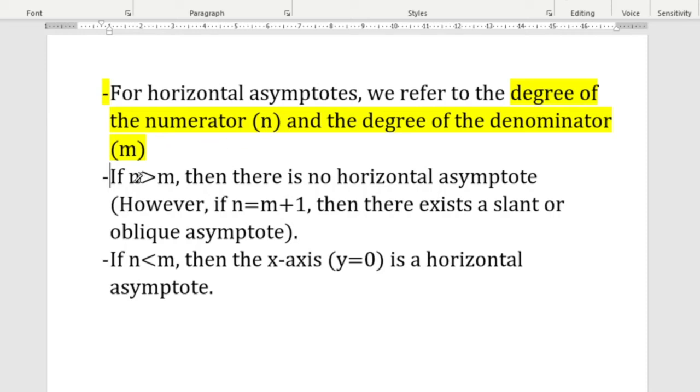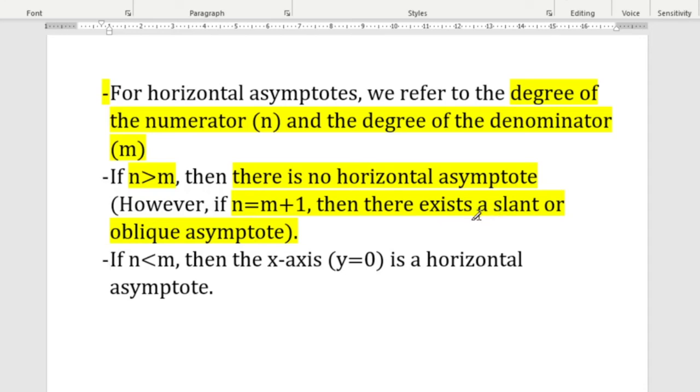Remember that if n is greater than m, what does it mean? That when the degree of the numerator is greater than the degree of the denominator, there is no horizontal asymptote. But there is an exemption. If the degree of the numerator is exactly 1 more than the degree of the denominator, then there exists a slant or oblique asymptote.